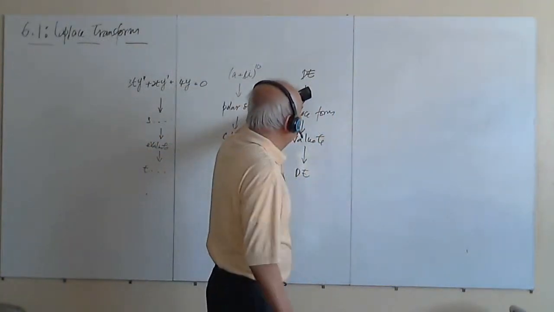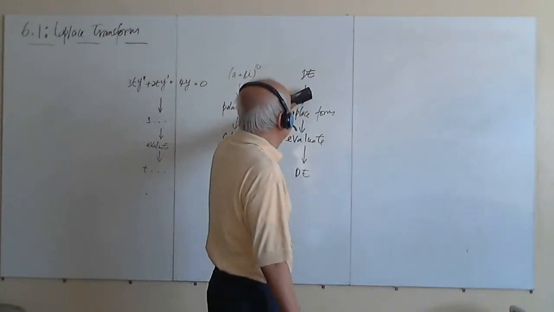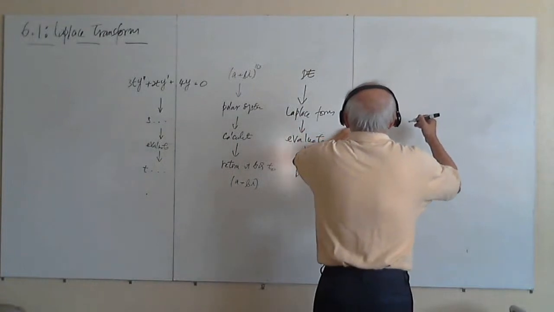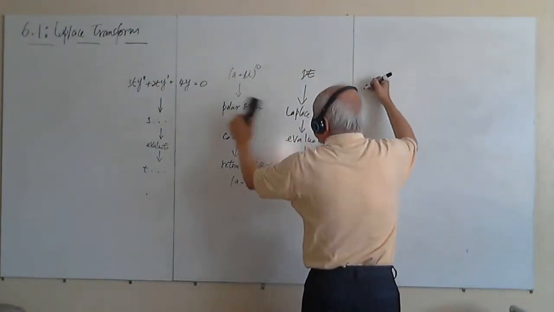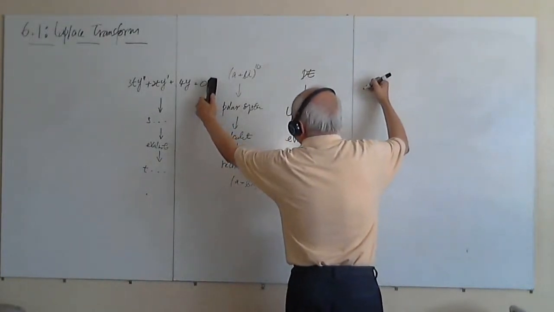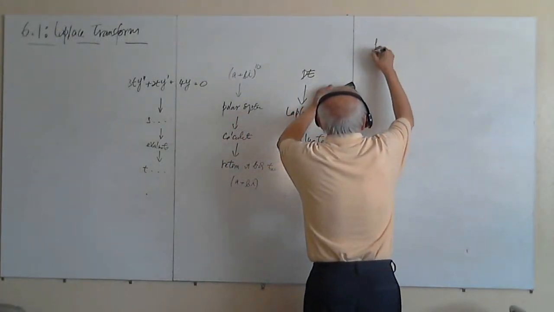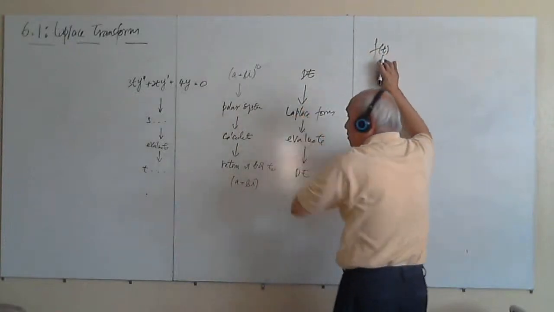So we are not going to touch it, but nevertheless you need to understand it. So let's say you have a function here, and the function is represented in t.